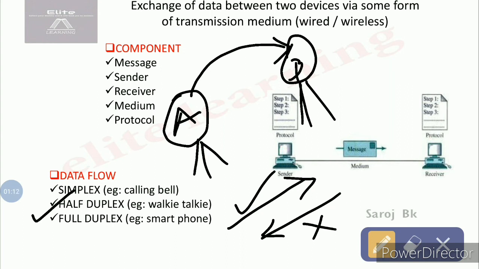But vice versa, person B will say something by pressing the button of the walkie-talkie, and then person A will listen to his voice at a particular instant of time. So here we have seen they can transmit in both directions, but at the same time it is using only one direction. This is the overall working principle of half duplex mode.